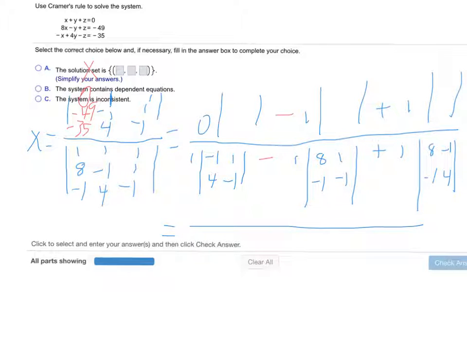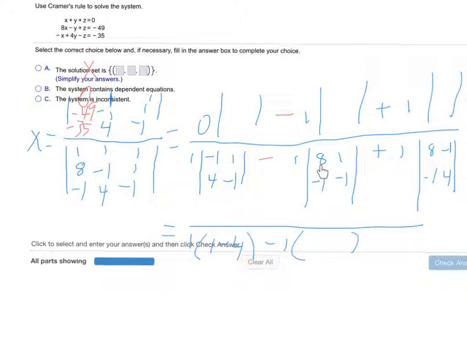So in the denominator, it's going to be 1 times the value of this determinant and just cross multiply. So it's this diagonal's product, which would be a positive 1, minus this diagonal, which would be minus 4. So it's 1 times 1 minus 4, and minus 1. Then I'll need to do the same thing.